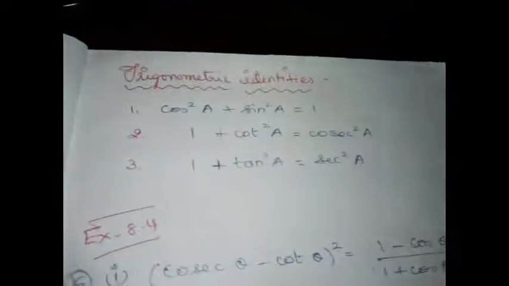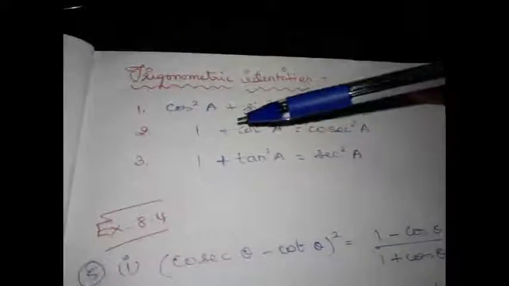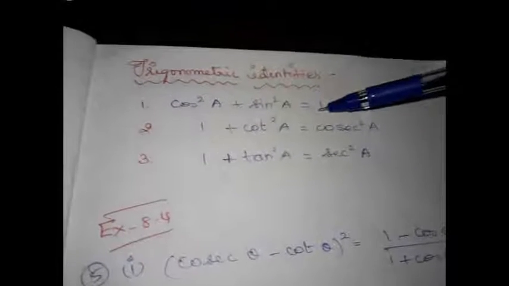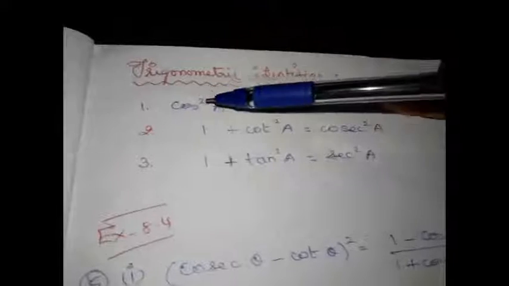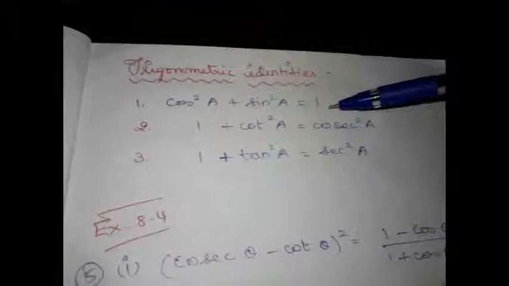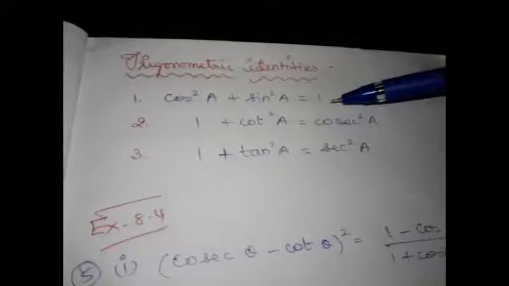So let us see the 3 basic trigonometric identities which are given in your syllabus. Now let us see what all the basic identities are. These 3 identities you have to remember. Cos square A plus sin square A equal to 1. What does this imply? If you have the same angle and you have cos square of that angle plus sin square of that angle, you can directly put it equal to 1.